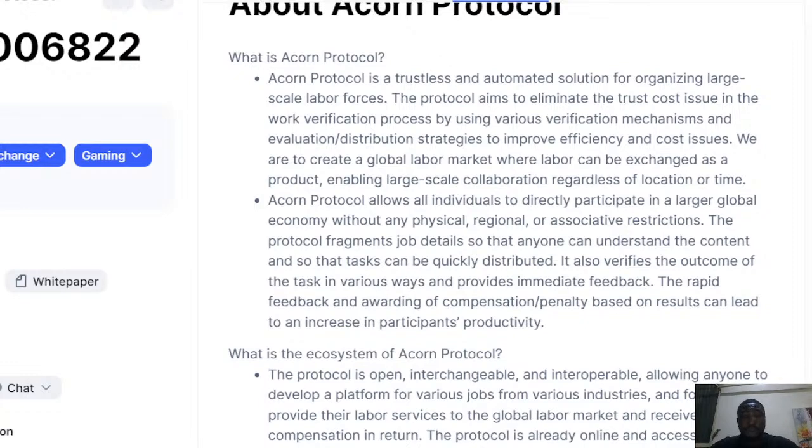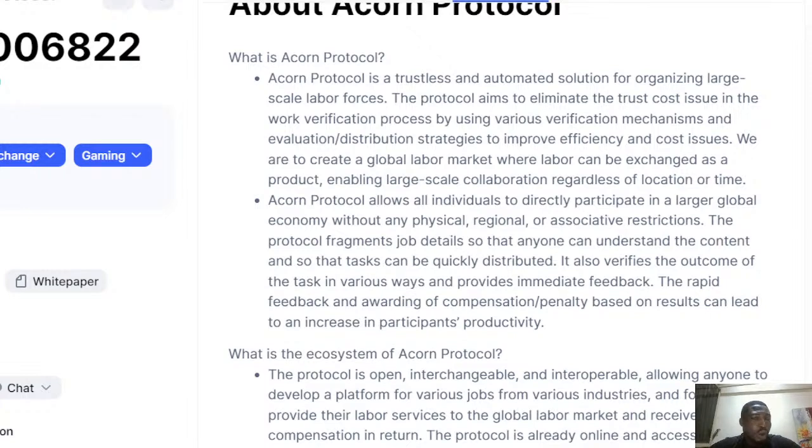We aim to create a global labor market where labor can be exchanged as a product, enabling large-scale collaboration regardless of location or time, which is one important factor that we need to consider. Another is that it allows individuals to directly participate in the larger global economy without any physical, regional, or associative restriction.